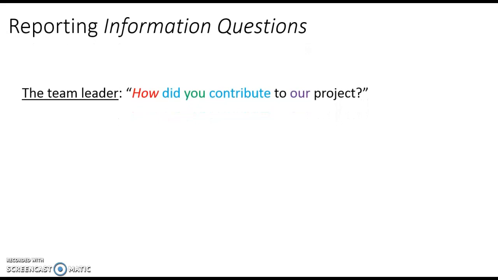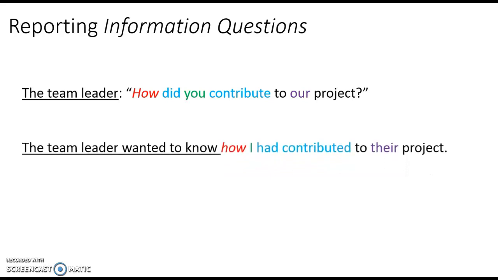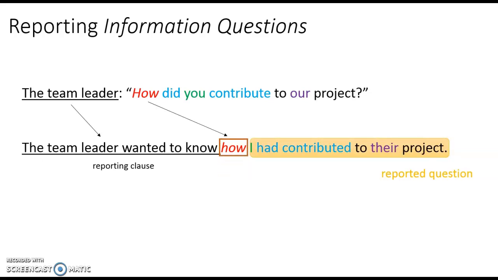The team leader: "How did you contribute to our project?" The team leader wanted to know how I had contributed to their project. We start the reported question with the reporting clause, and then comes the WH question word how, and then the statement.